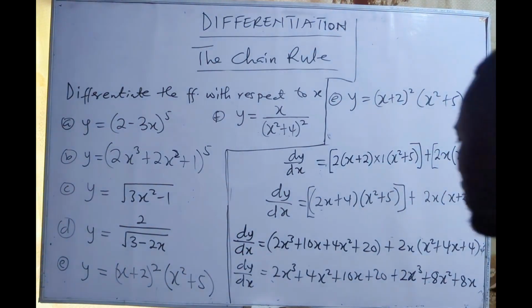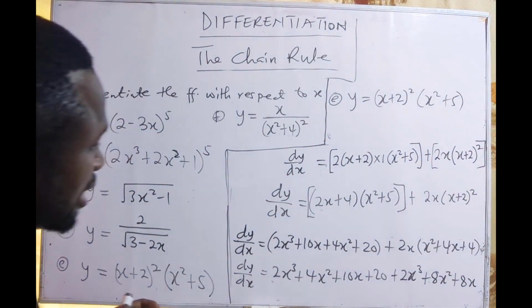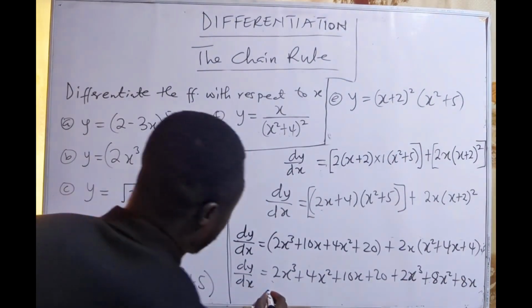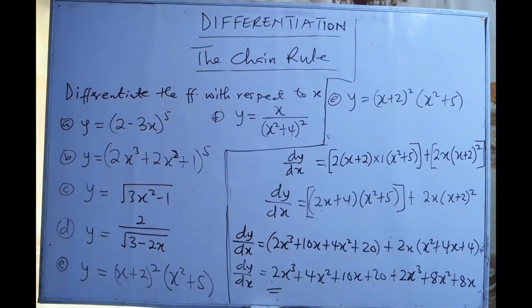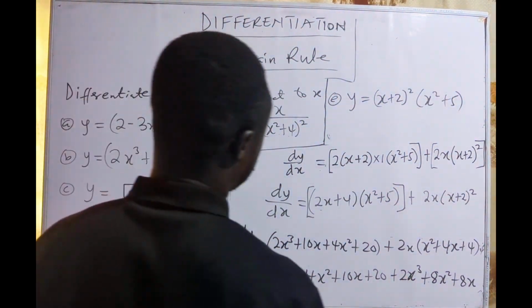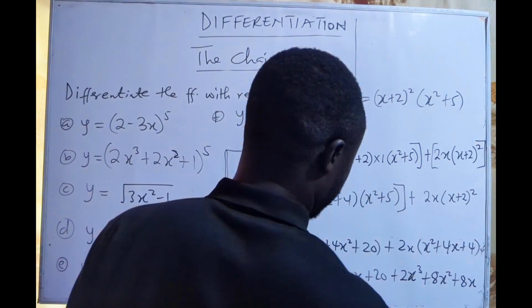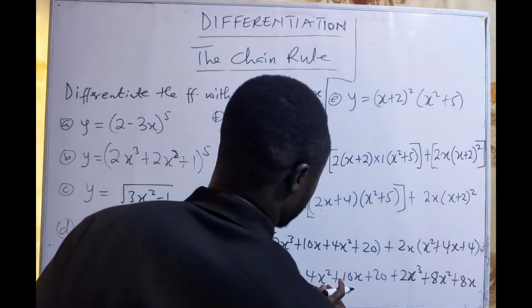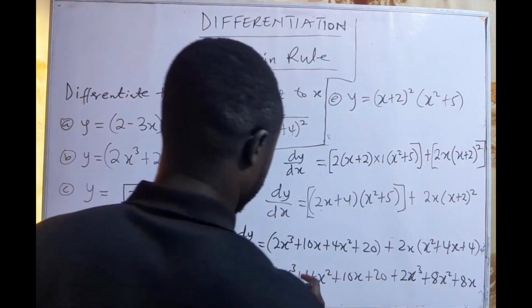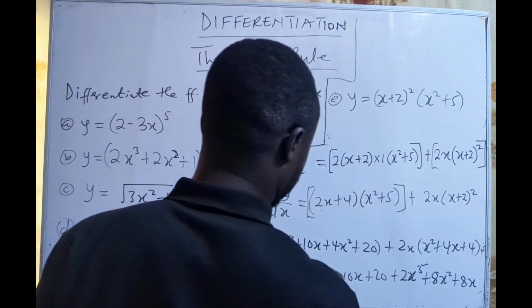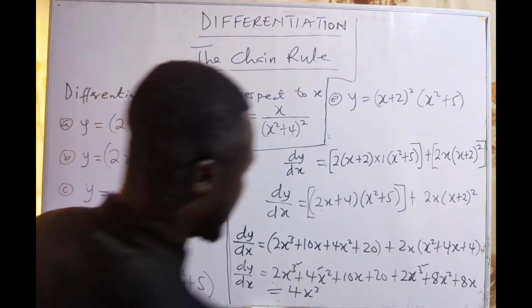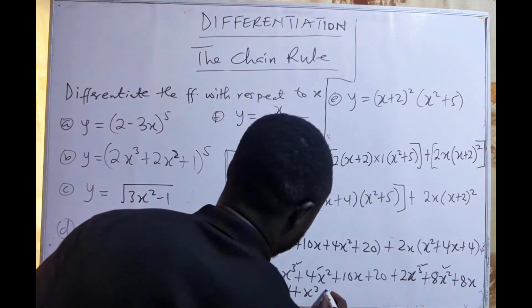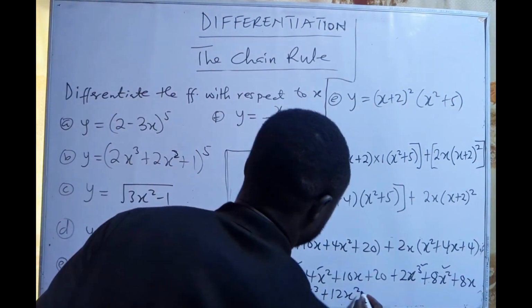8x. Okay, let's see if we can add the like terms and write our final answer. So 2s cubed plus 2s cubed will give us 4s cubed, and then 4s squared plus 8s squared. 4 plus 8 will give us 12, so plus 12s squared.